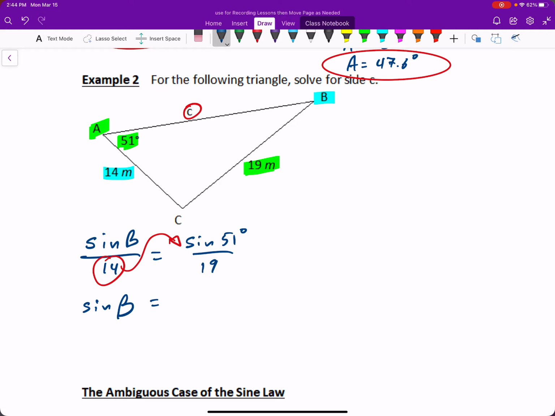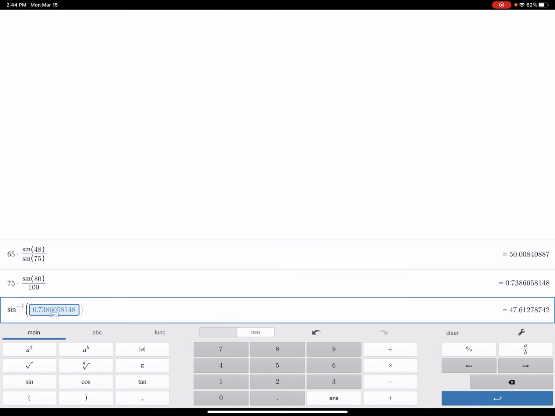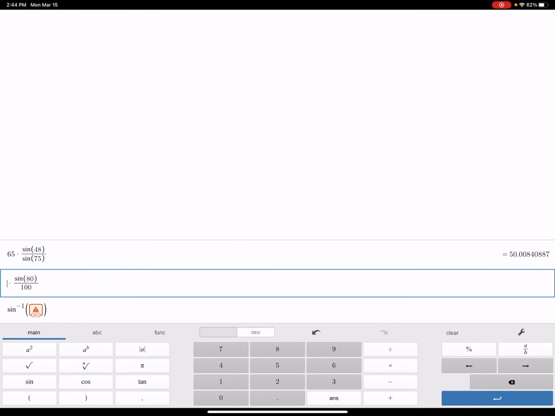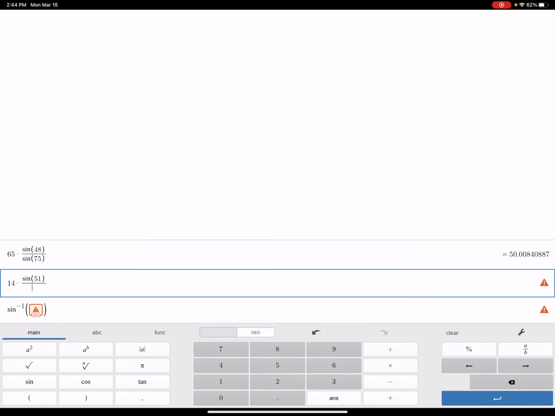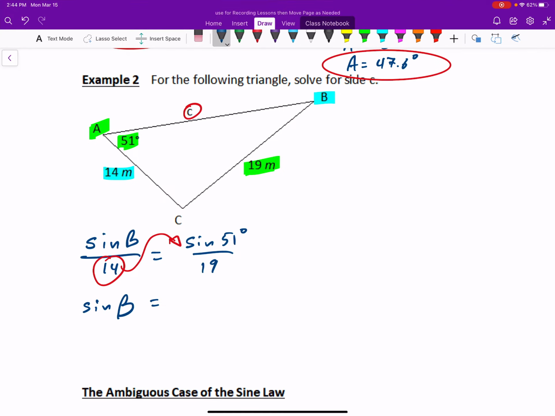So 14 times sine 51, and I'm going to divide that by 19. I just changed the numbers on my middle line there, and I got 0.5726.